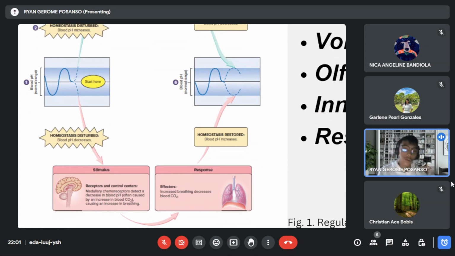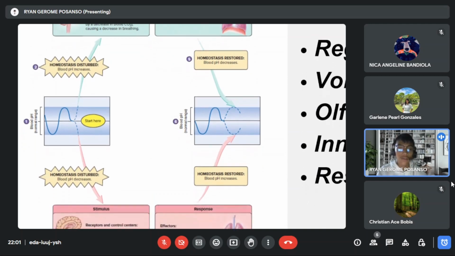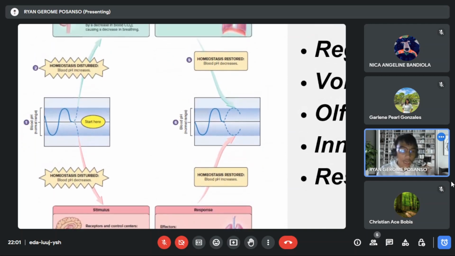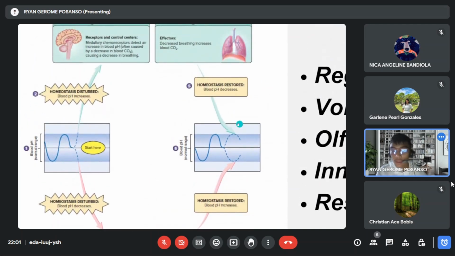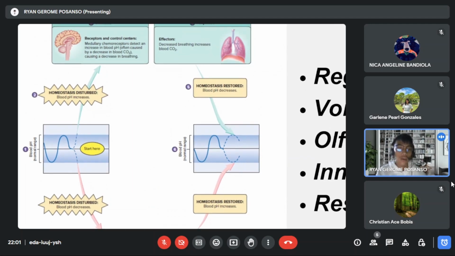When CO2 levels rise, as we see here, more H2CO3 is formed, leading to an increase in hydrogen ions and decrease in blood pH.